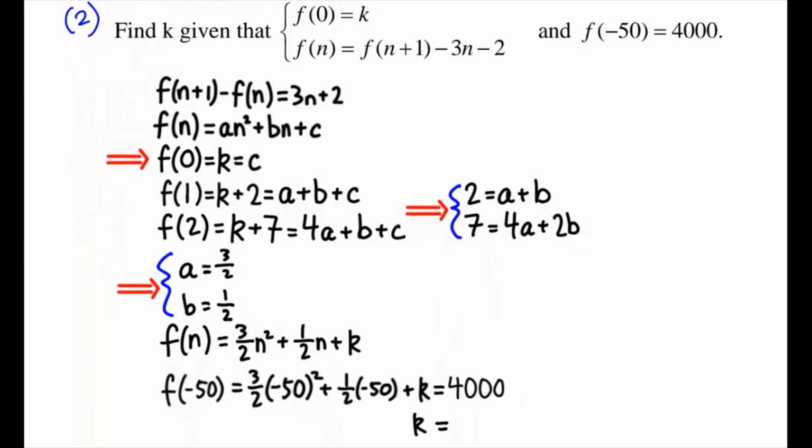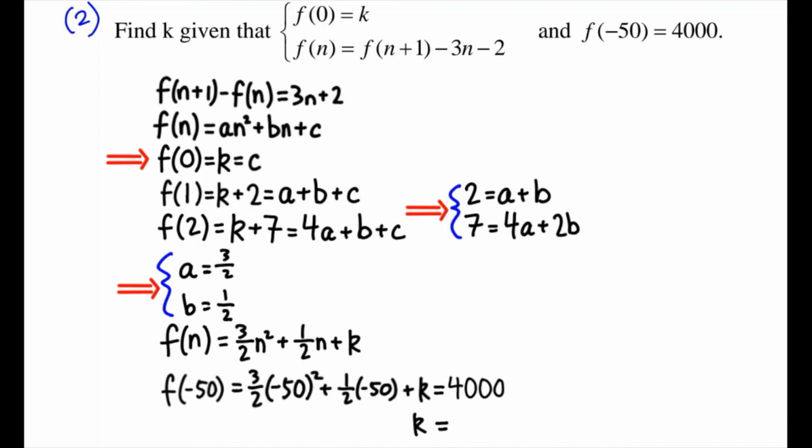We want to find k given that f0 is equal to k and fn is equal to fn plus 1 minus 3n minus 2. Also, f of minus 50 is equal to 4,000. Now, what we need to do is the same as what we just did right before.